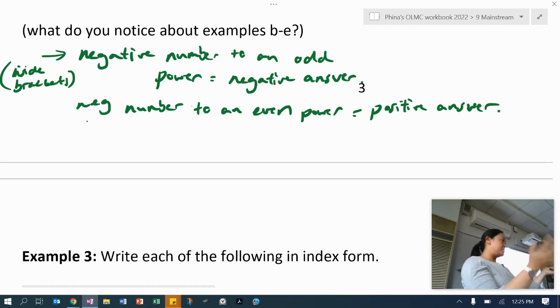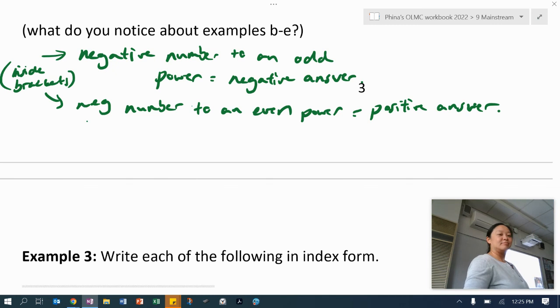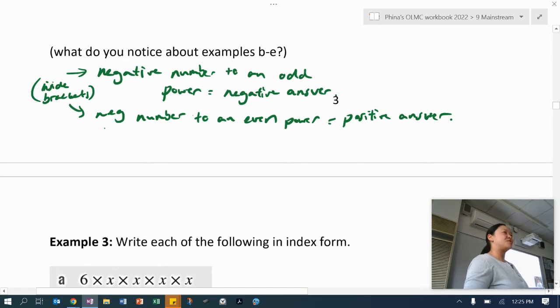So that number has to be inside the bracket for this trick to work. You don't have to. If you don't remember it, you don't remember it. But it's just a good trick. Might save you some time on a test or in class. Okay. All right, next one.